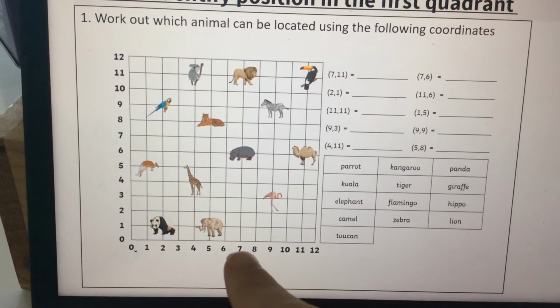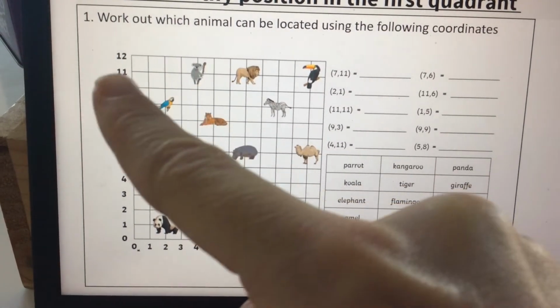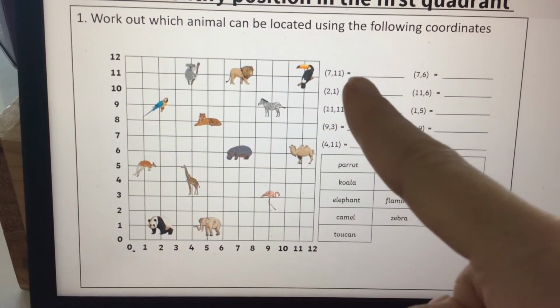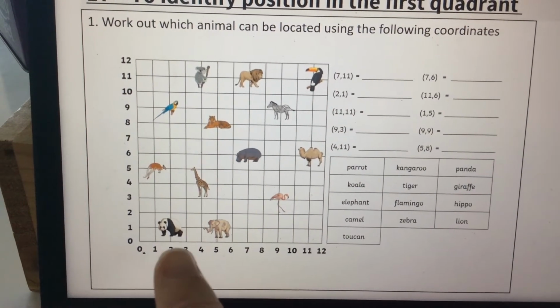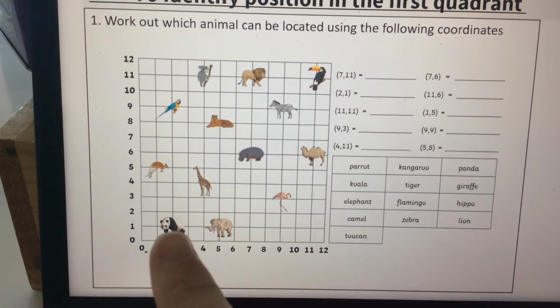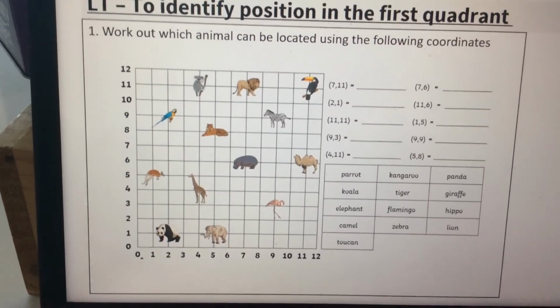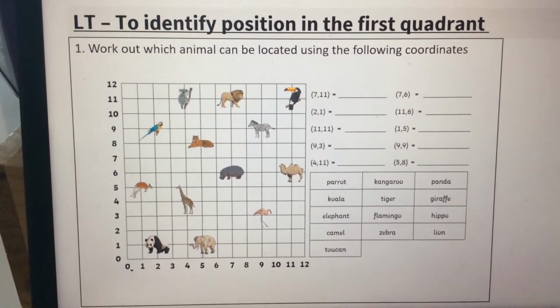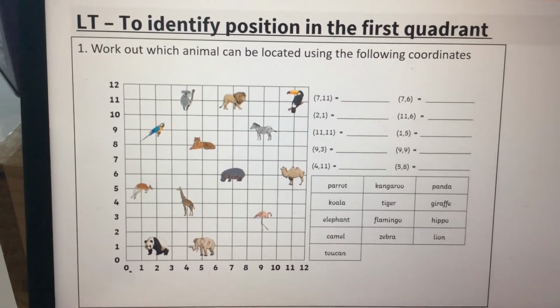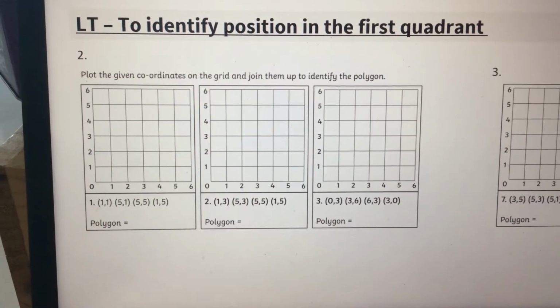So we go across, up from the 7, across from the 11, and that's going to be the lion. Okay, 2 and 1. So we've got 2 on the x-axis, 1 on the y. That's the panda. That should be fairly straightforward. Hopefully a bit of a recap there with reading off coordinates.